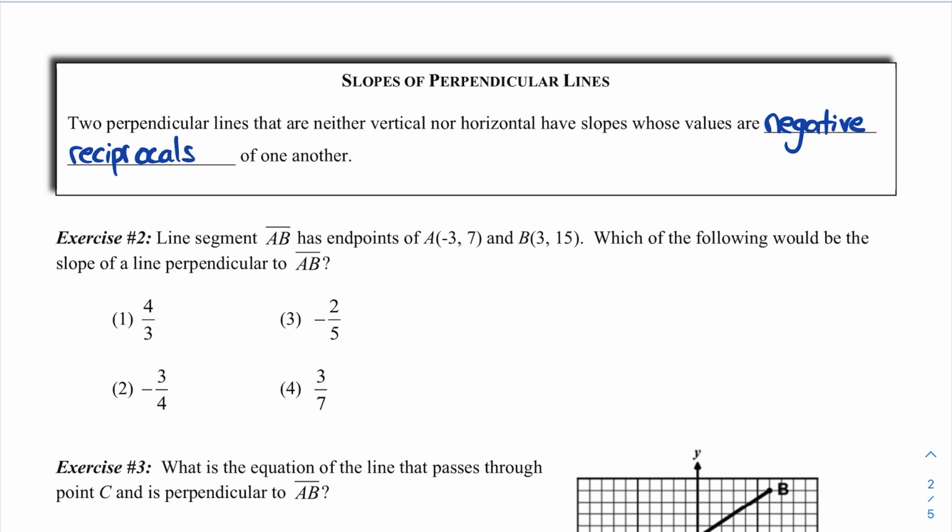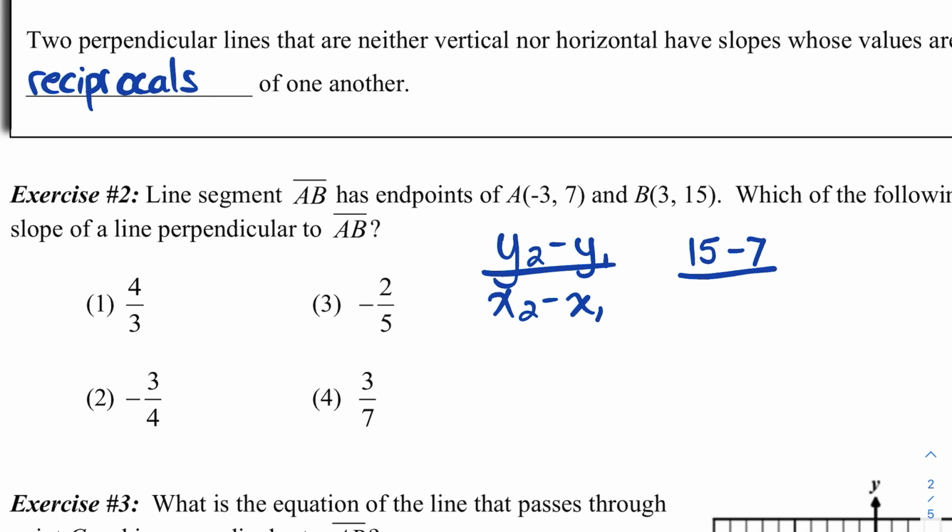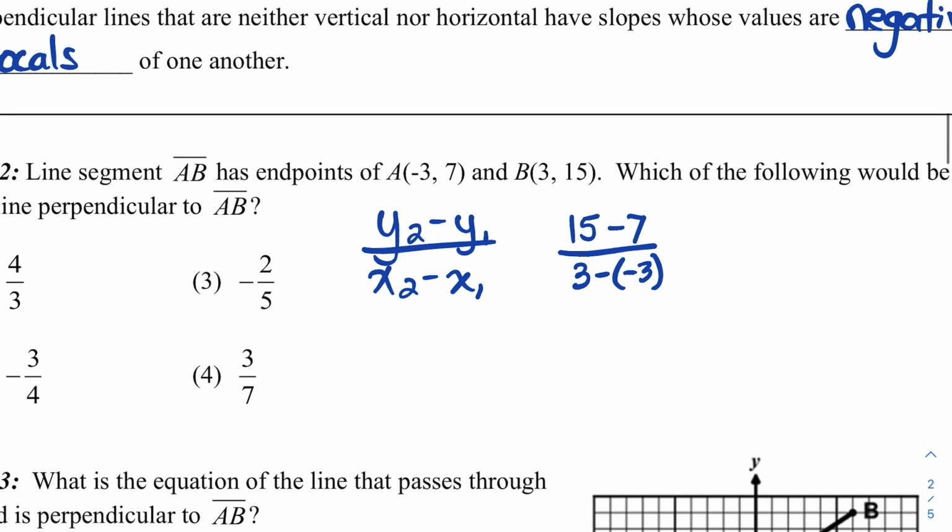Okay, well, let's find the slope of AB first. The slope is y2 minus y1 divided by x2 minus x1. I have 15 minus 7 over 3 minus a -3. So that's going to be 8, and 3 minus a -3, that's really 3 plus 3, so that's 6.